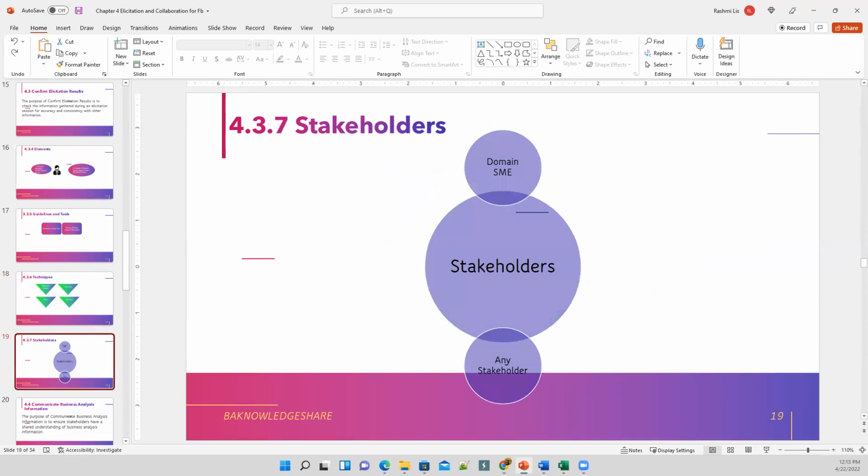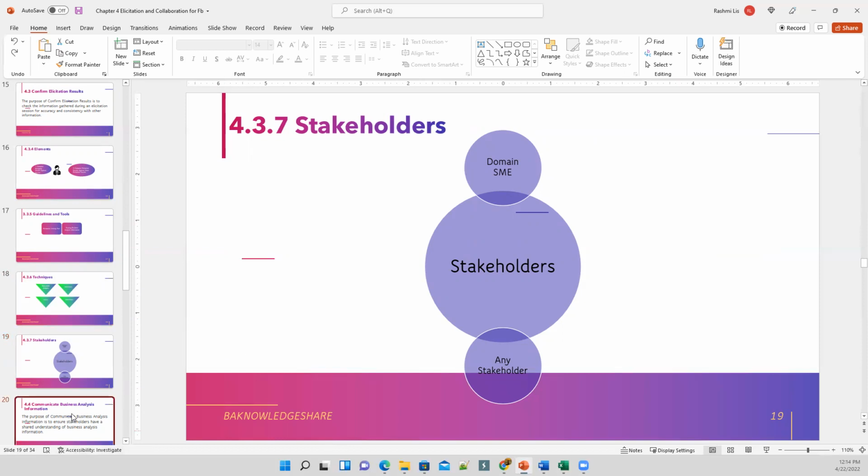Stakeholders over here are your domain subject matter expert and any stakeholder. Once again, they use the word any stakeholder with an understanding that there could be a lot more involved stakeholders than the normal standard set of stakeholders. So you really want to work with those to gather and understand who's involved in comparing the results.